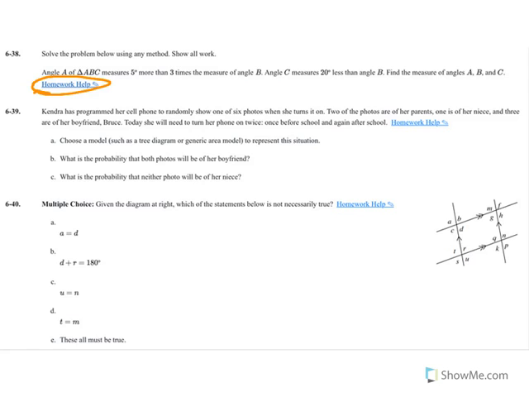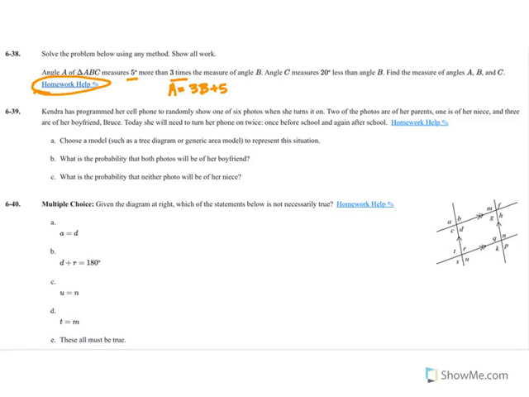So it says angle A of triangle ABC measures 5 degrees more than 3 times the measure of angle B. So in pre-algebra, I actually kind of teach the kids, read this backwards. So it says 3 times and then 5 more. So we know that A equals 3 times B and then 5 more.